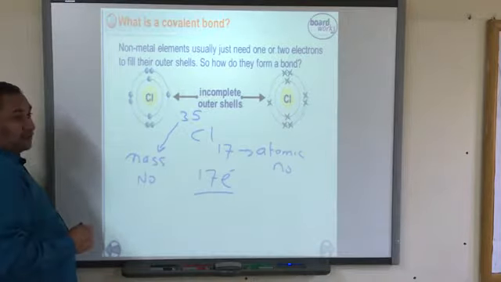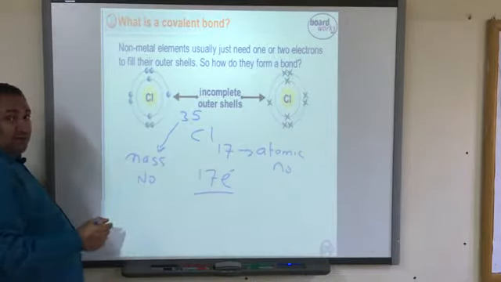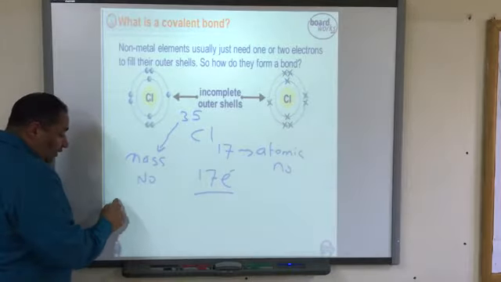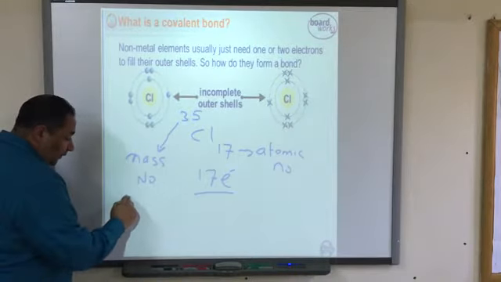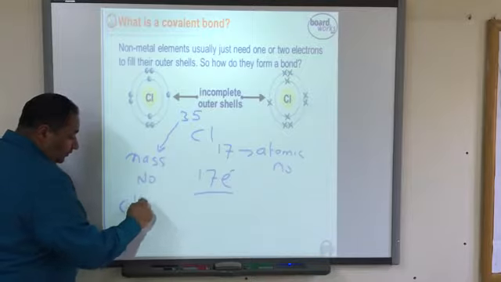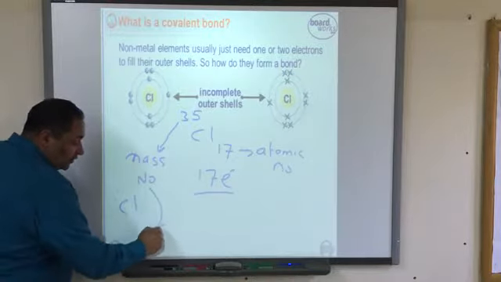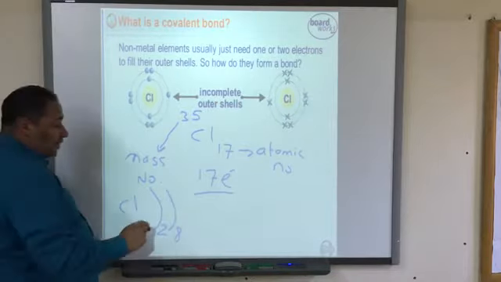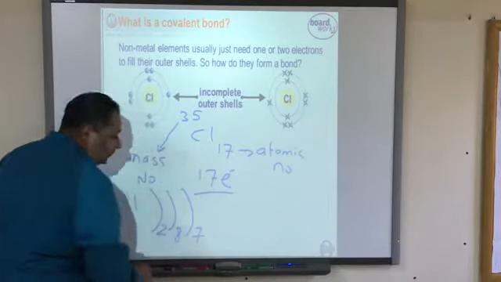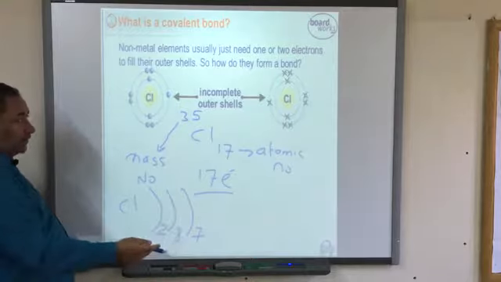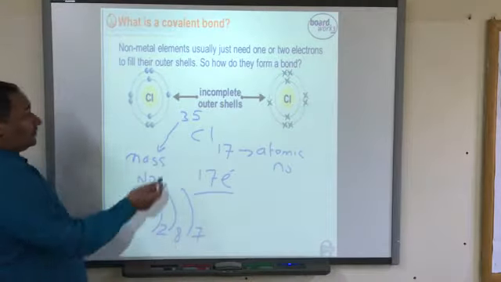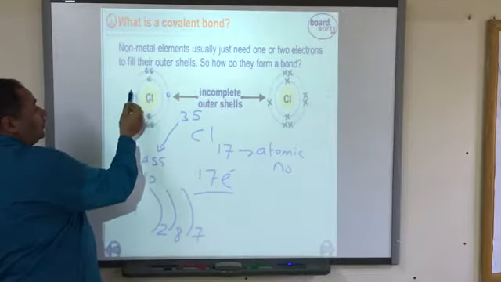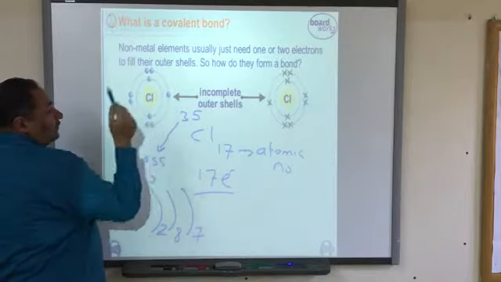How do we put them in shells? It's very simple. The first energy level takes up to 2 electrons, the second takes up to 8 electrons, and the third has 7. So 2, 8, 7. The last energy level has 7: 1, 2, 3, 4, 5, 6, 7.